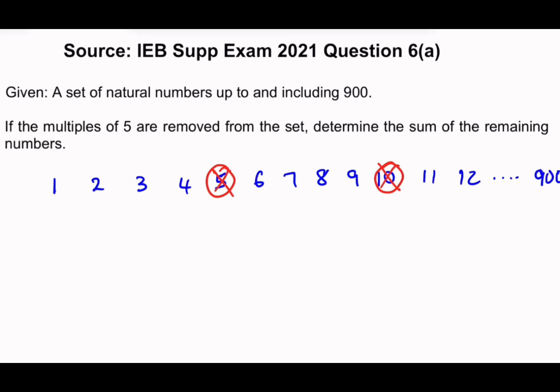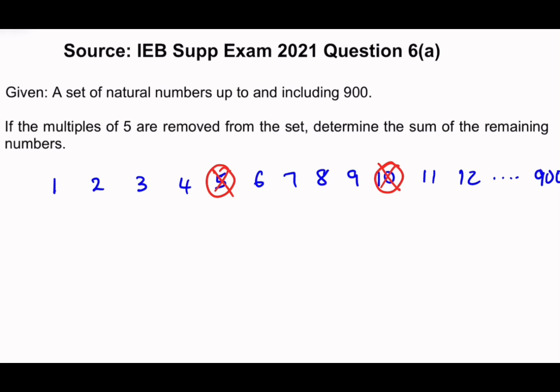Well, the remaining numbers don't form any sort of pattern that you can understand if you look at it, because you'd have the 1, 2, 3, 4 here, and you'd have 6, 7, 8, 9. This jump that happens here, the remaining numbers sort of is a pattern that is not something we can understand. It's not an arithmetic pattern. It's not a geometric pattern. It's not a quadratic pattern. And those are the only three patterns we've studied.